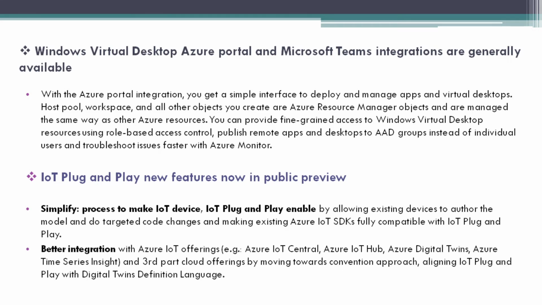Better integration with Azure IoT offerings, for example, Azure IoT Central, Azure IoT Hub, Azure Digital Twins, Azure Time Series Insights, and third-party cloud offerings by moving towards a convention approach, aligning IoT Plug and Play with Digital Twins Definition Language.